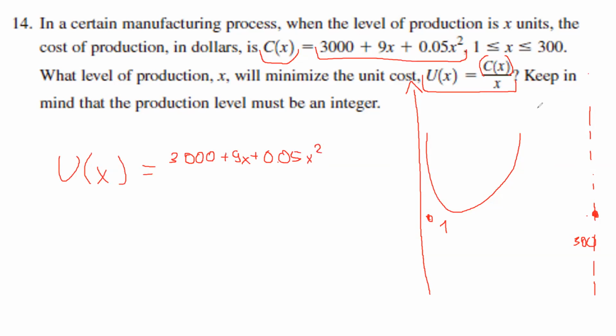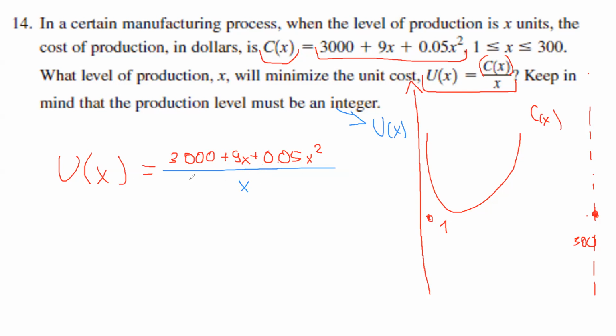Keep in mind that this is c of x, while the other function, u of x, we don't know how it looks yet, and we don't know where it passes, but we have to look into this function to be the smallest, right? Because we need to minimize the unit cost, not the cost. So this is the unit cost formula divided by x. This is our final unit cost formula, right? Yes.